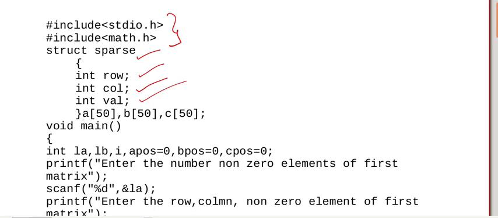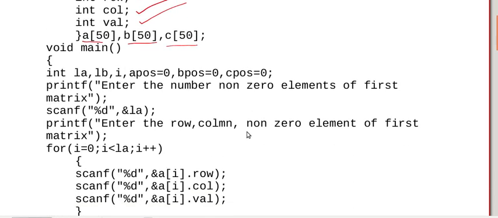I am declaring A array for storing the first matrix elements, B array for storing the second matrix elements, and C array for storing the result sum elements. And here also I need to keep the position of A, index of B, index of C. For all these things I am having A pos, B pos and C pos, which are initialized as 0.